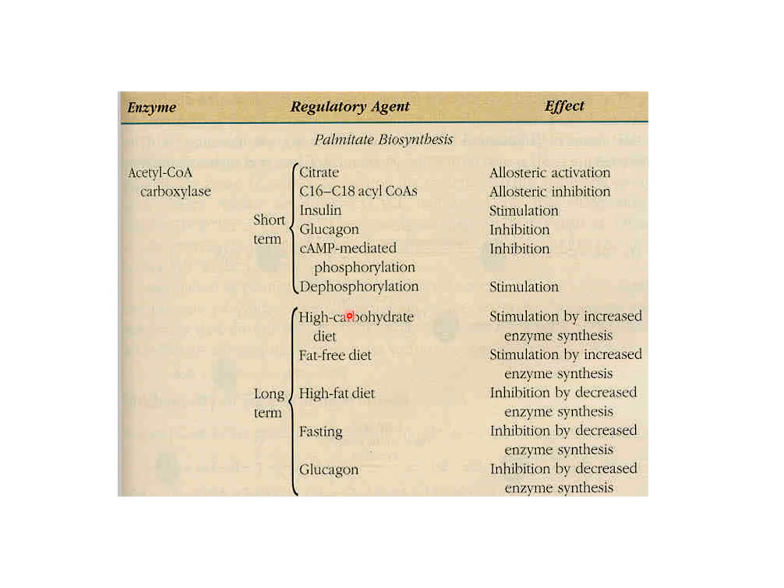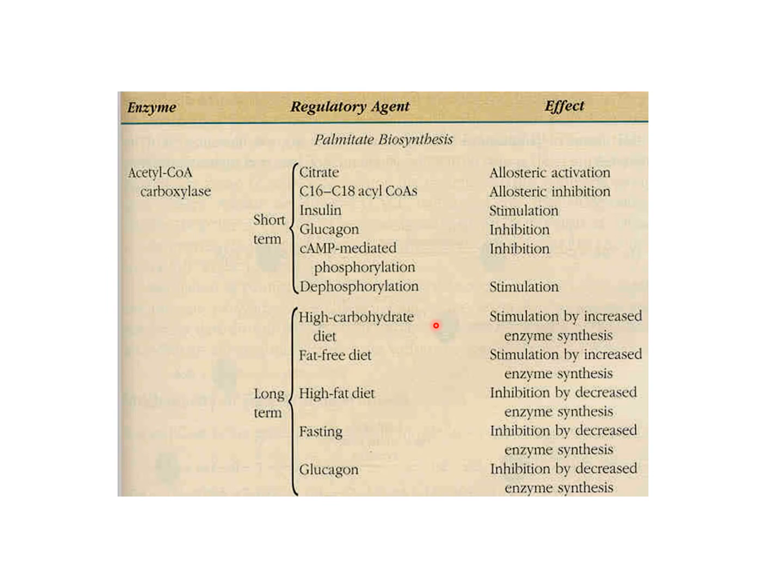What if we are on a high carbohydrate diet? What if we are on a fat-free diet? What if we are on a high-fat diet or fasting or well-fed? So these actually are nothing else but dysregulation, but from a larger point of view.